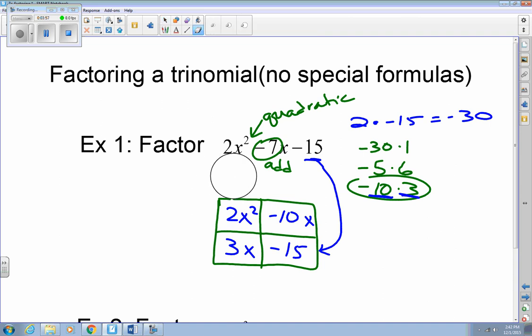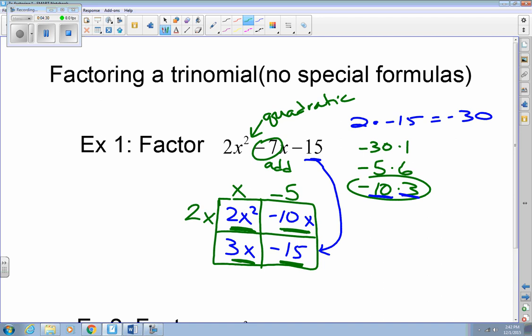Now we need to find the greatest common factor of each column and each row. The first column, between 2x squared and 3x, the greatest common factor is x. Between negative 10x and negative 15, the greatest common factor is 5, and since they're both negative, we bring a negative out. Now the rows. 2x squared and negative 10x, the greatest common factor is 2x.